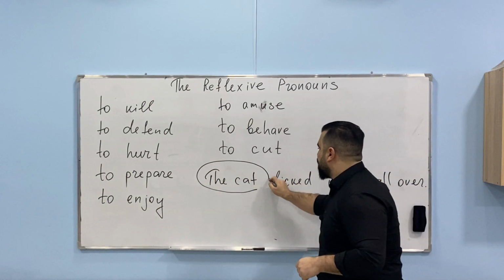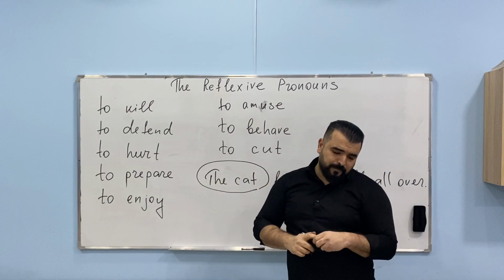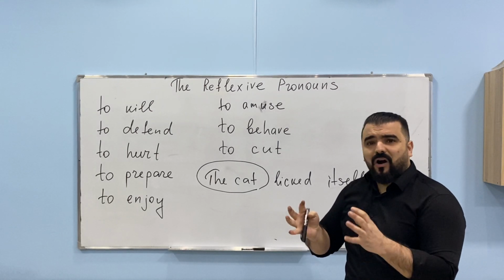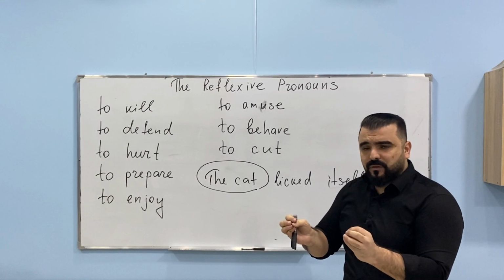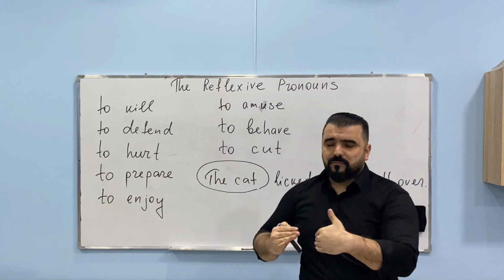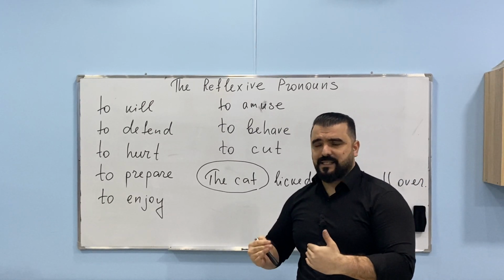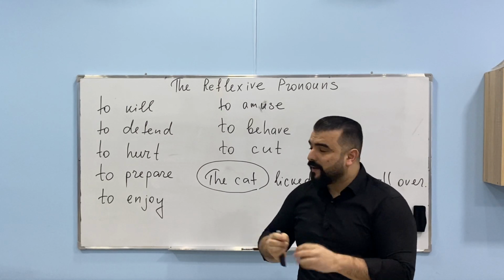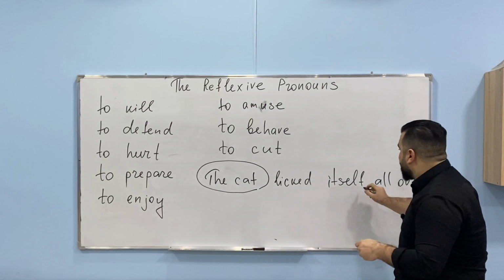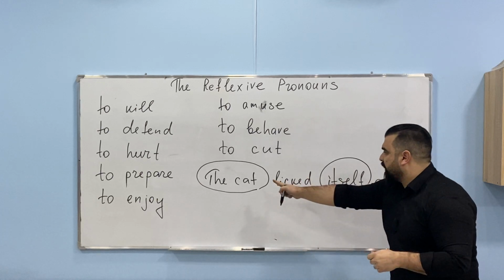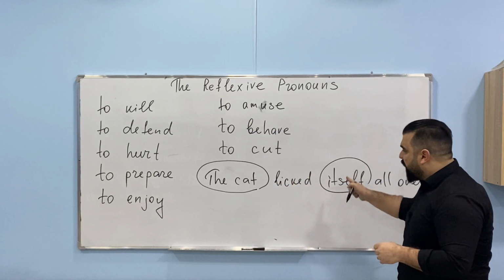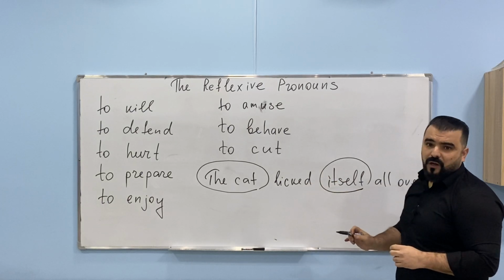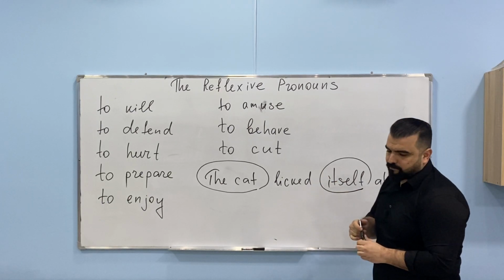Here the subject is the cat, and we know that if we think about the idea, thing, animal, the pronoun of these nouns is it. So the reflexive pronoun of the cat is itself. Here also the subject and object are the same.